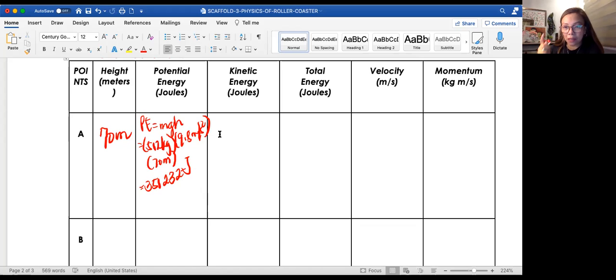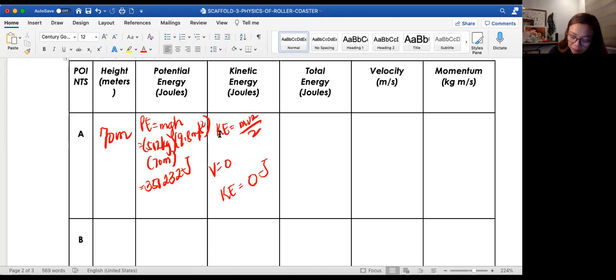Do we have kinetic energy? Please take note that that's the starting point, so our velocity here is 0. Therefore, kinetic energy, based on your reference, is mv squared over 2. Since our velocity is 0, our kinetic energy is also 0 joules. Now, how do we get the total energy?